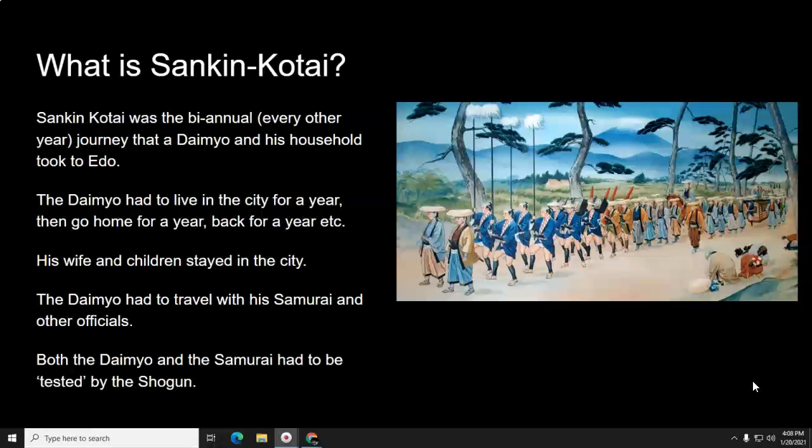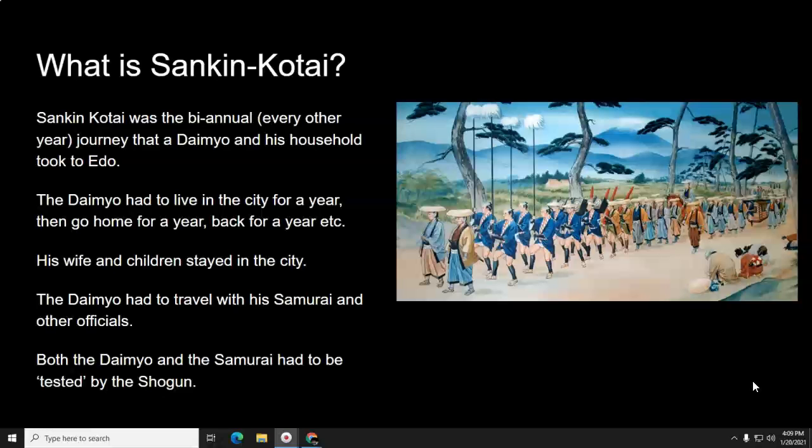And the daimyo and the samurai both had to be tested by the shogun. And the daimyo had to prove on this trip that his samurai were sufficiently skilled in both martial arts and aesthetic arts, or, as we think of it here, fine art.